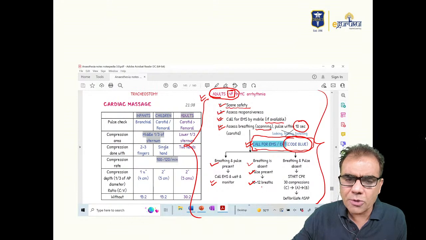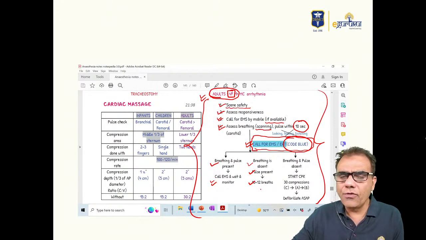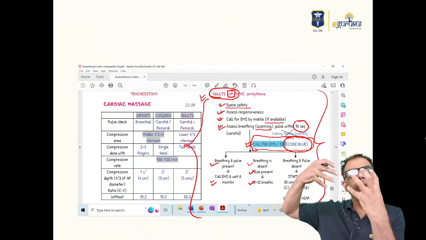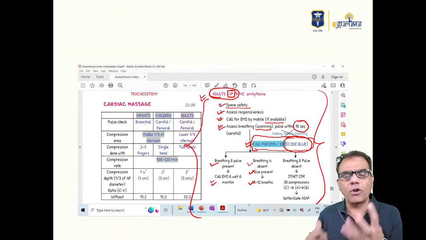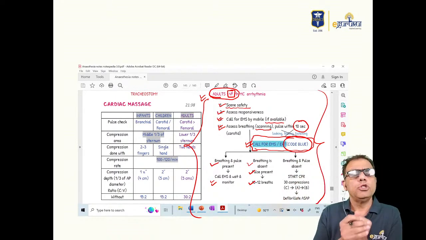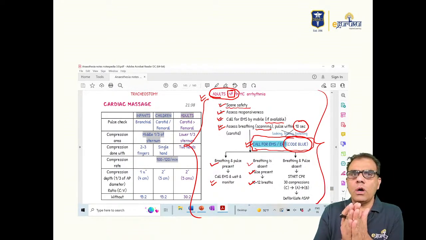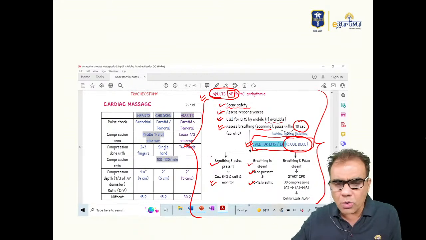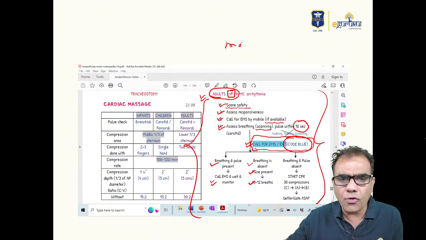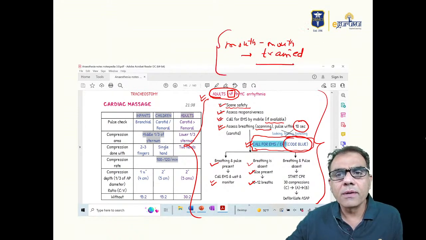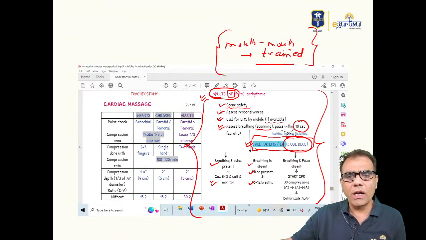If you are in a hospital setup, you can give breaths with a bag and mask, but if outside the hospital setup, you can give mouth to mouth. However, mouth to mouth is only for a trained rescuer, not for the common man. But since you are a trained rescuer, you can go for mouth to mouth.